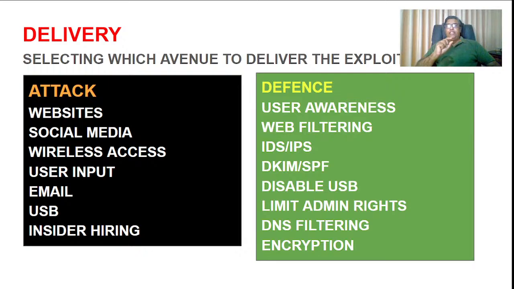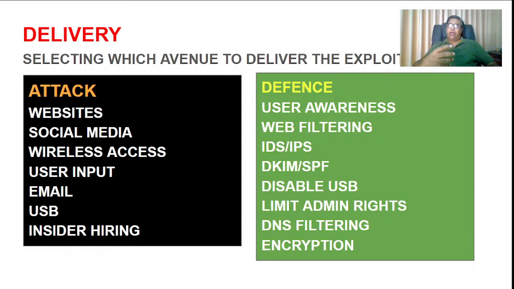Delivery, which is now, you know about the network. You have exploited it. You select which avenue to deliver the exploit. There may be many ways someone can hack a system through SQL injection, privilege escalation.